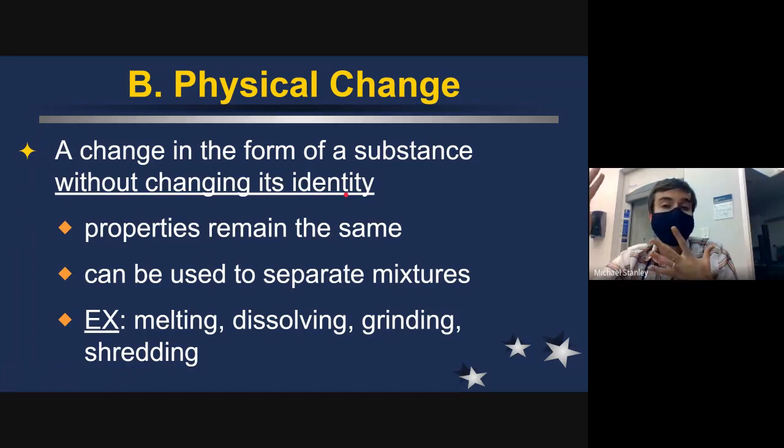They'd still all have the same general properties as paper, but they would look a little bit different. Instead of being in one nice big rectangular sheet, now they're in a big pile on my keyboard. So that is what we get with a physical change. We change how something looks, but we don't change what it is. It's still the same matter. It's still the same chemicals.